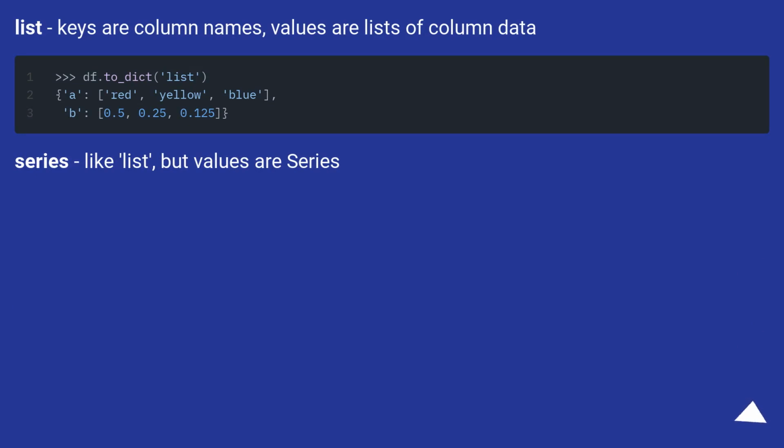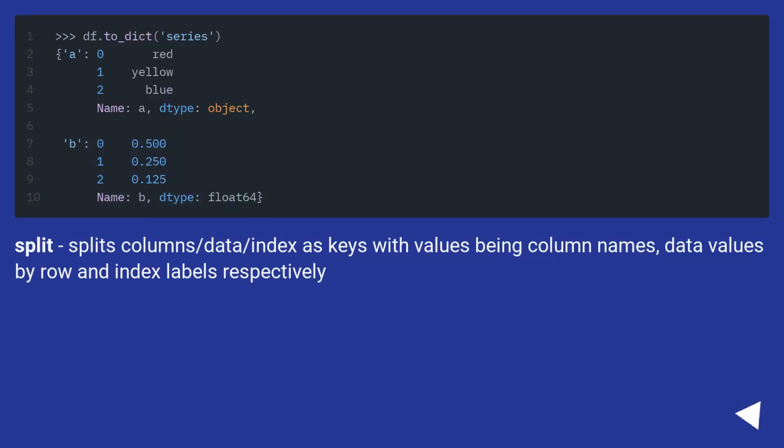Series: like list, but values are series. Split: splits into index, columns and data as keys, with values being index labels, column names, and data values by row respectively.